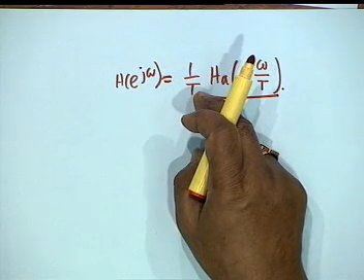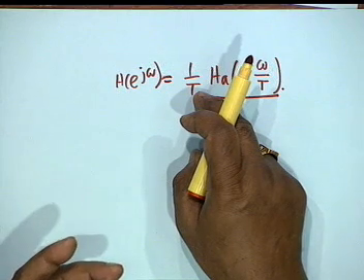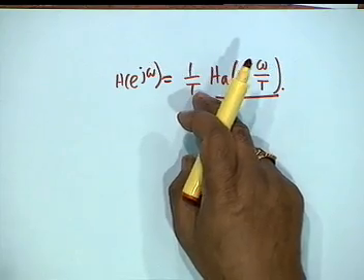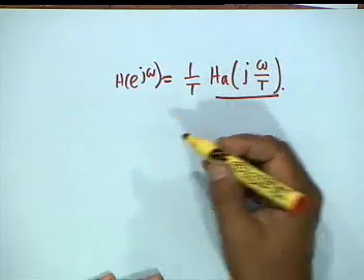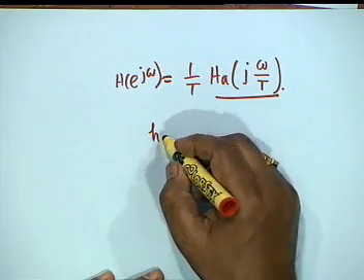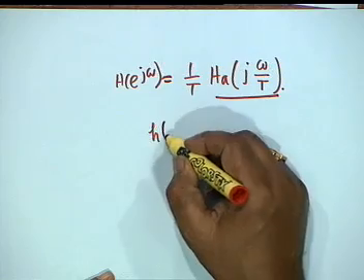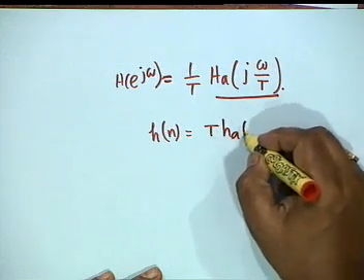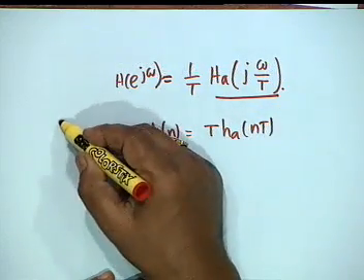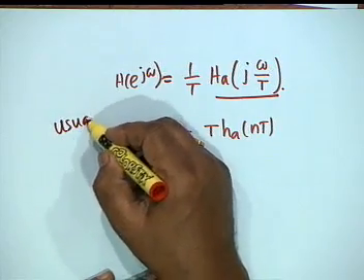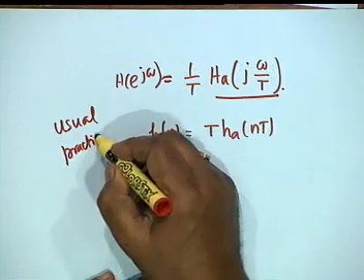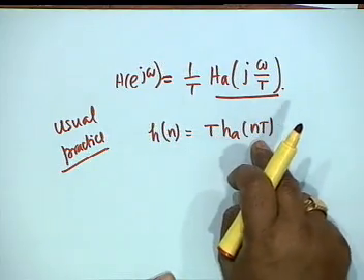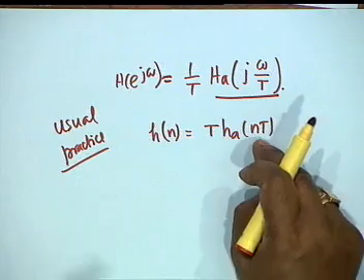That problem is that of overflow, because the signal is magnified with a very large constant, 1 by capital T. And therefore, what is done in practice, if you have to use impulse invariance, is the usual practice: we multiply the impulse response of the analog filter, sampled impulse response, by capital T.